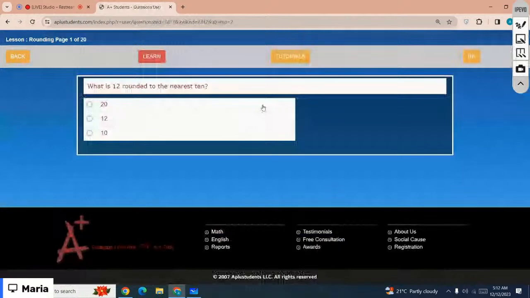Okay, what is 12 rounded to the nearest 10? Which is the correct option?